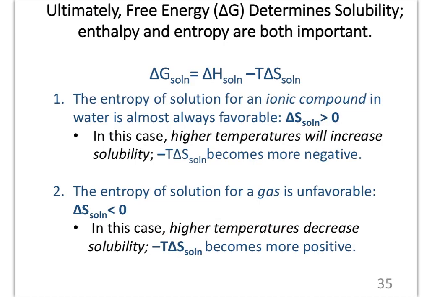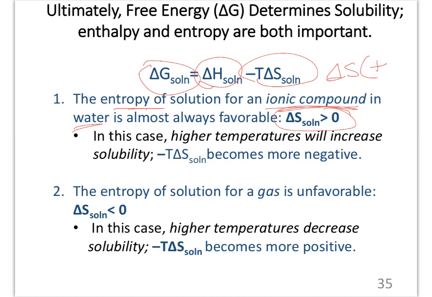So let's summarize the spontaneity or solubility of a substance. As with all processes, the spontaneity, or whether or not it happens, depends on both enthalpy and entropy. And the entropy change for dissolving an ionic compound in water is almost always favorable, so delta S will have a positive sign.